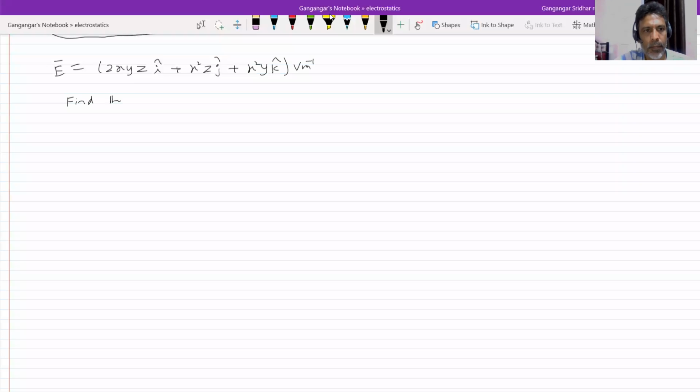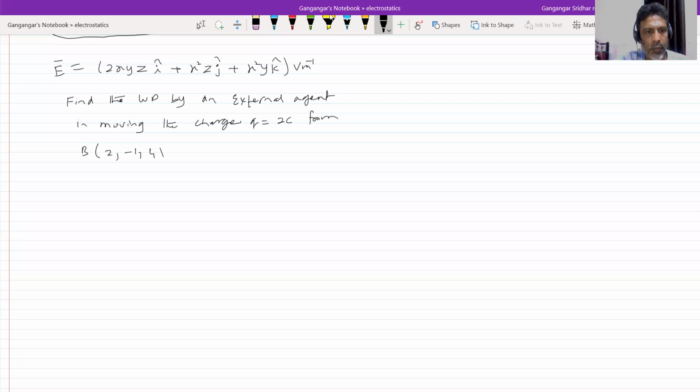Find the work done by an external agent in moving the charge Q equal to 2 coulomb from B to A. B is a point (2, -1, 4) meter. A is the origin.